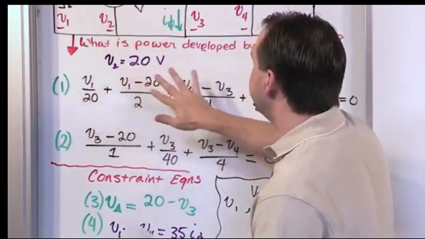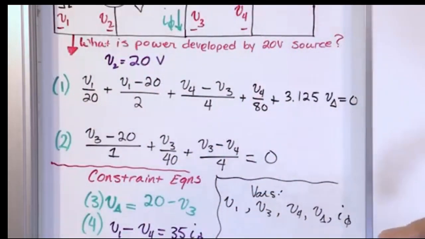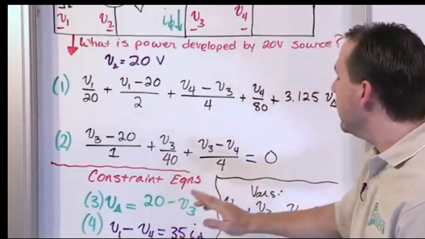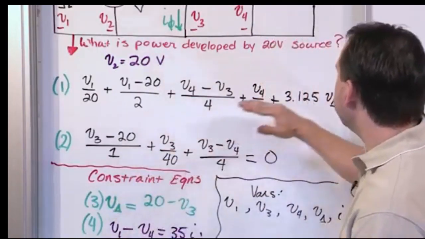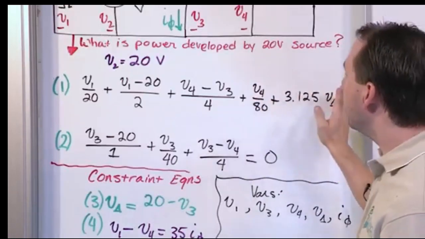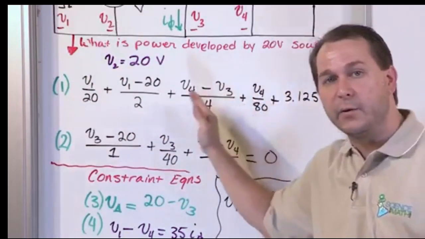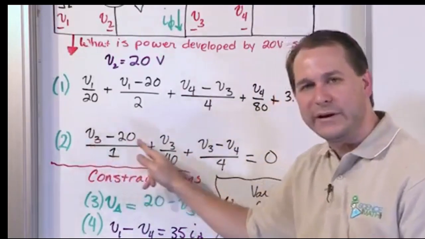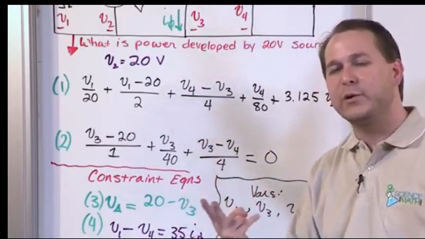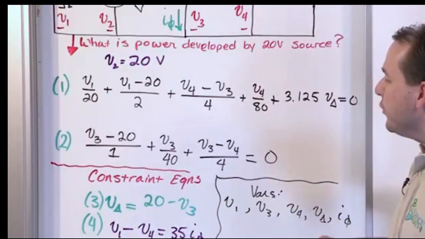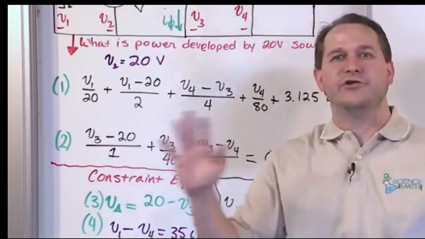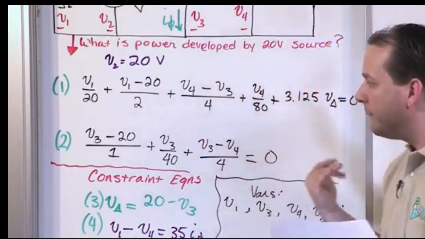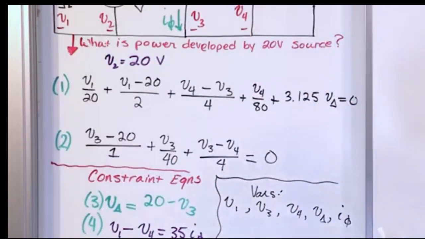It's going to be V3 and V4, and then V delta, which is also in terms of V3. So whenever I stick this in here, and the other guy in there, I'm only going to have V3 and V4 in the top equation. My second equation only has V3 and V4 in it. So then I'm going to have 2 equations and 2 unknowns. You could just start here and write a giant matrix expression and solve the system with an inverse, but I'm just going to substitute to make it a little bit easier.